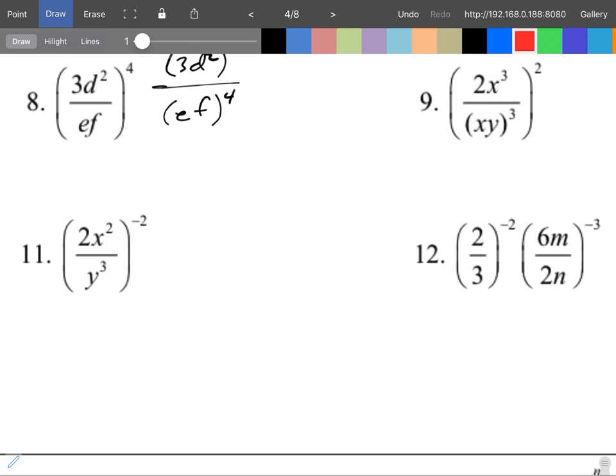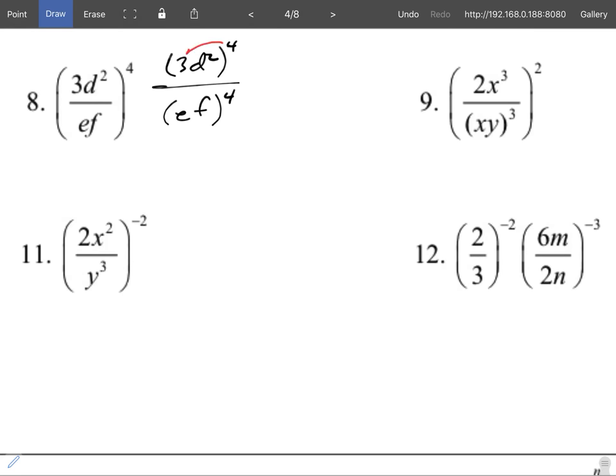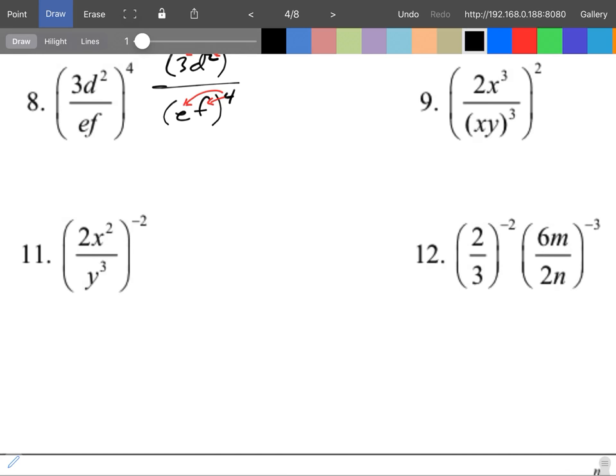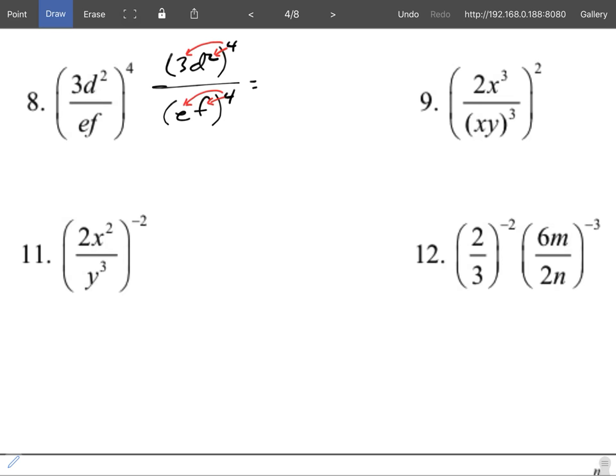That means you're just going to apply that power to the 3 and to the d squared and to the E and to the F. So that's going to look like 3 to the 4th, d squared to the 4th, over e to the 4th, times f to the 4th.